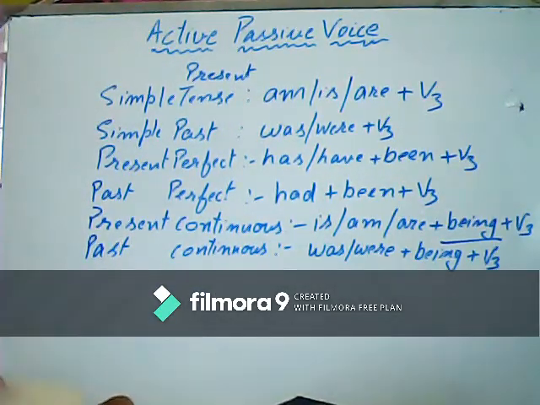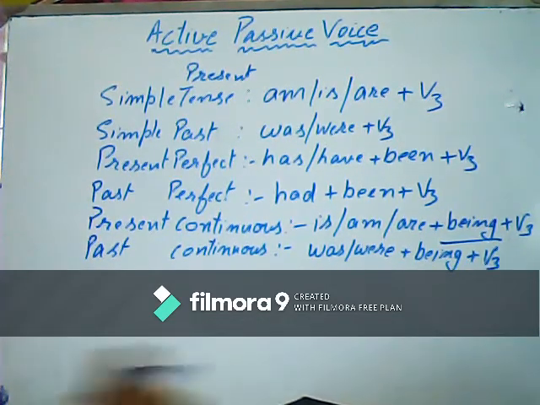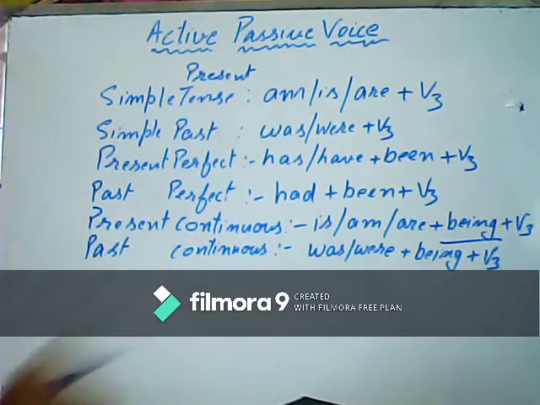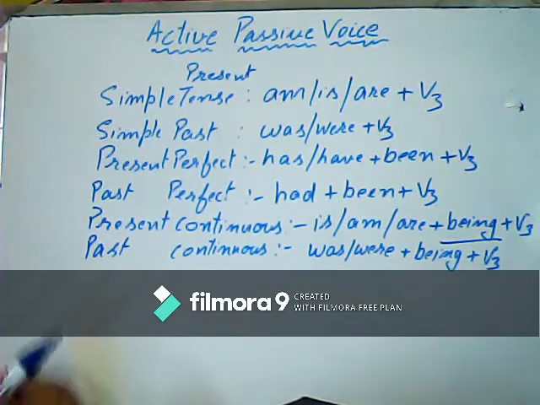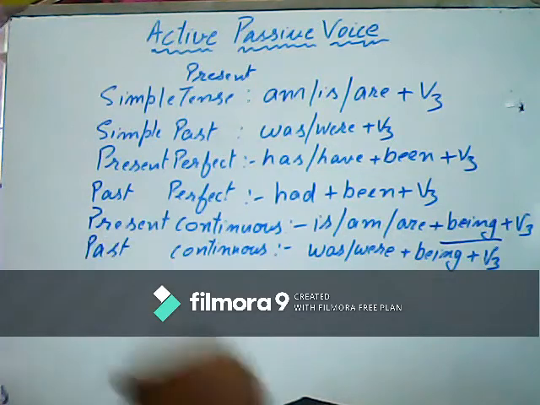Now according to this table, we will keep changing the active voice into passive voice. Let me tell you a few examples now. One by one, if you have noted this table, then we'll go to the next part, that is, we'll take some examples of different tenses.